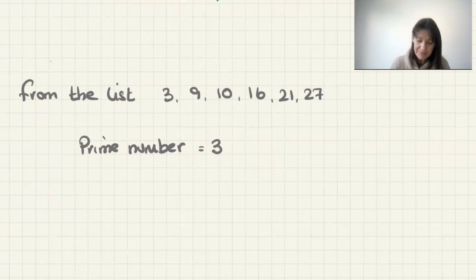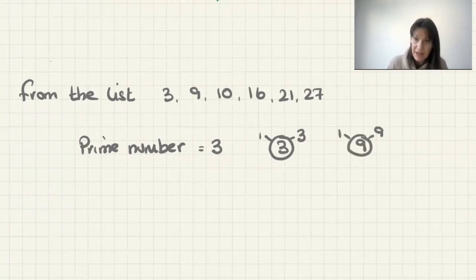So 3, I'm going to show you this so that you've got a really good explanation as to how to locate a prime number. If I've got the number 3 and look at its factors, factors are the numbers that multiply to make a number. 1 and 3 multiply to make 3, but nothing else does. Whereas if I look at the number 9 in the list, 1 and 9 make it.